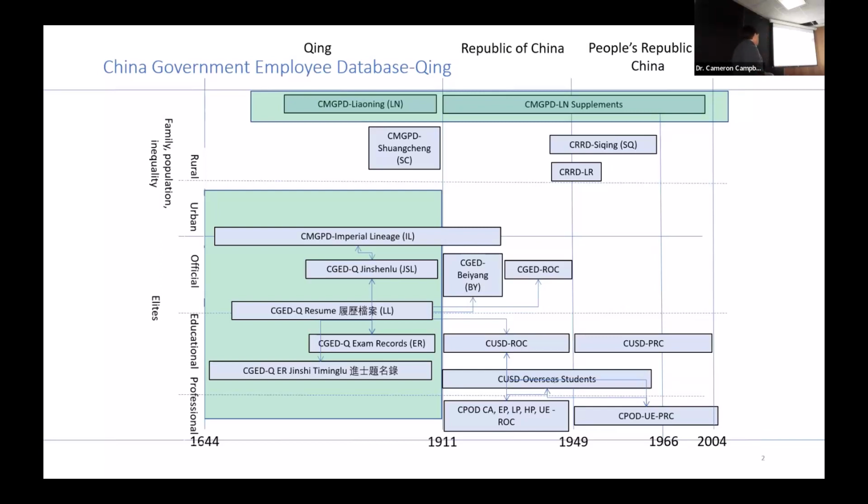There's a story behind that. We've also been collecting data on students who went overseas to study, that is, outside of China. Also, we've been collecting rosters of various kinds of people with professional credentials, like engineers, accountants, lawyers, anything that generated a systematic paper trail. And again, this is all in progress, so I won't get into it too much.